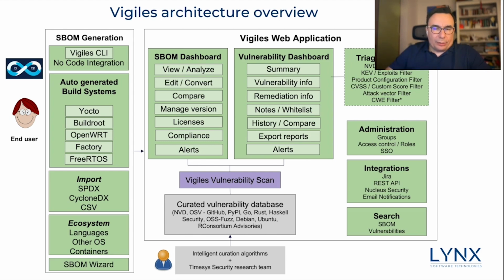Now, what's important here is, again, going back to efficiency in vulnerability management and accuracy of data. You can see in the slide that there is a curated vulnerability database. What does it mean? It means simply that when we import vulnerability information into our database on a daily basis from NIST, the NVD database, and from open source projects, GitHub, we have a semi-automated process which fixes the most common issues that we observe with CVEs.